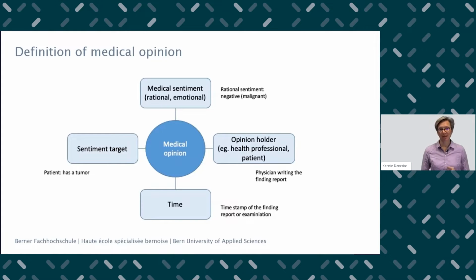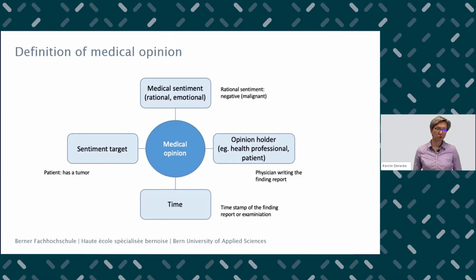Then the opinion holder would be the physician, and in the first case, the opinion holder would be the patient. Then there is a medical sentiment, which can be rational or emotional. Staying with the example sentence, the tumor is malignant, this would be a rational sentiment. So it's rather objective, but still it's bad. Malignant is something bad. In particular, considering the patient, it has a negative impact on the health of the patient.